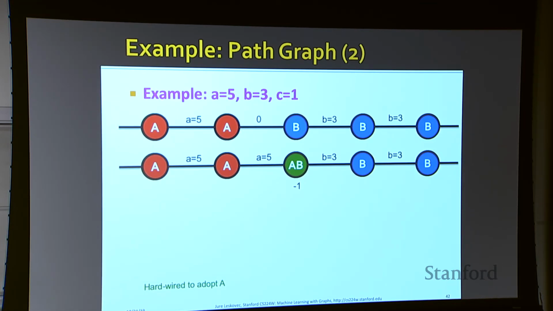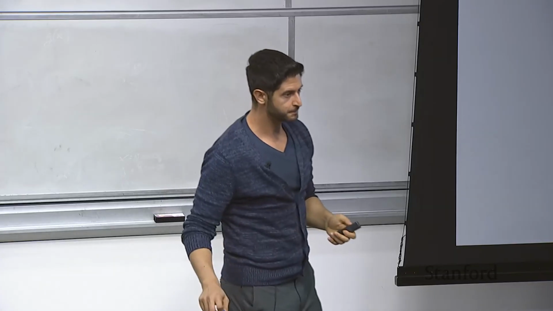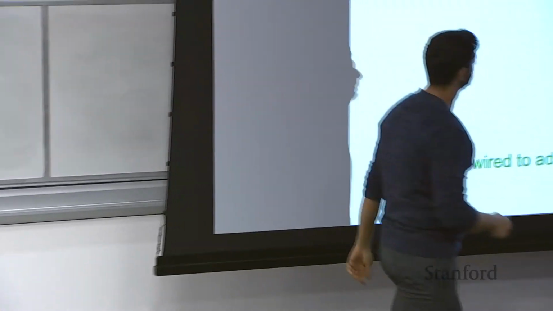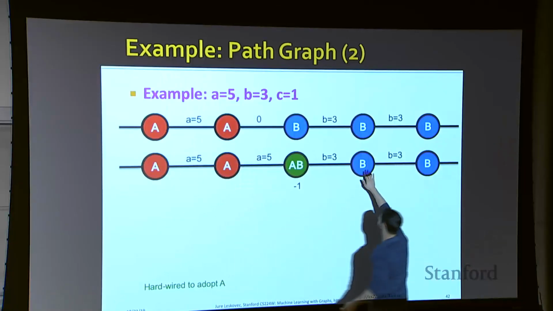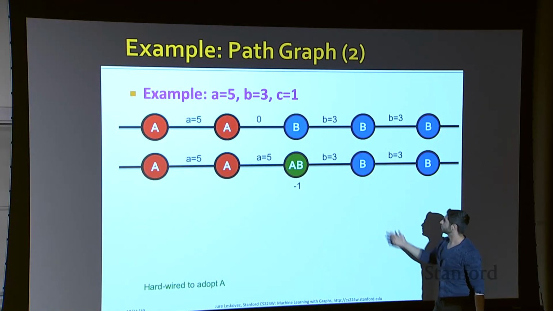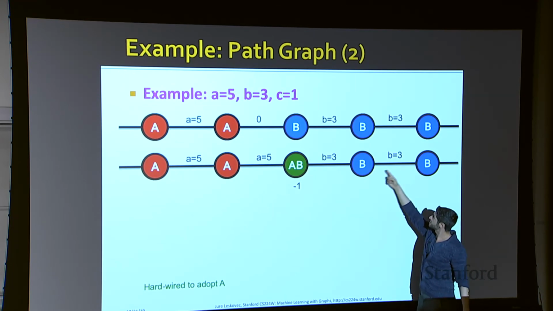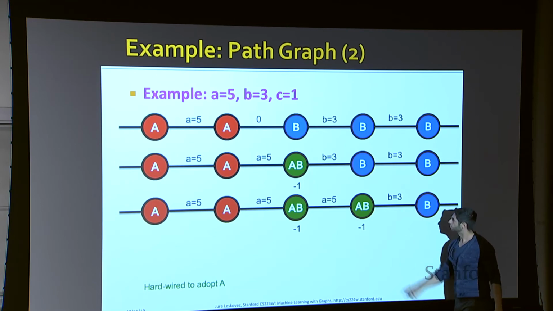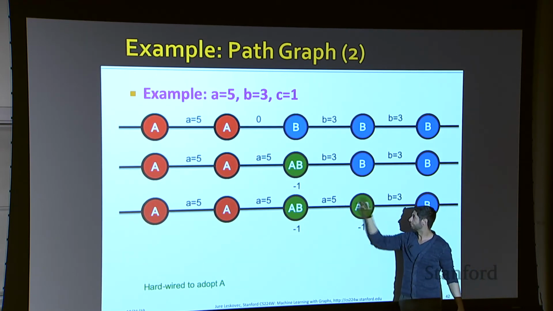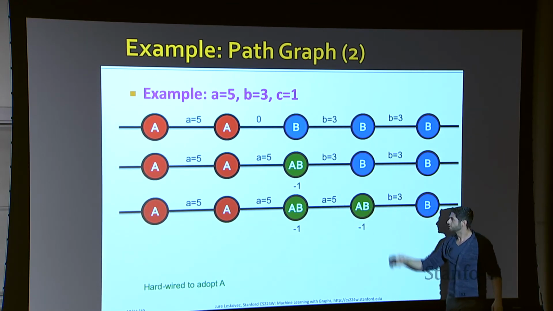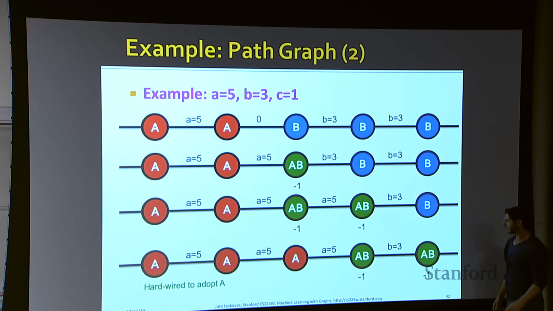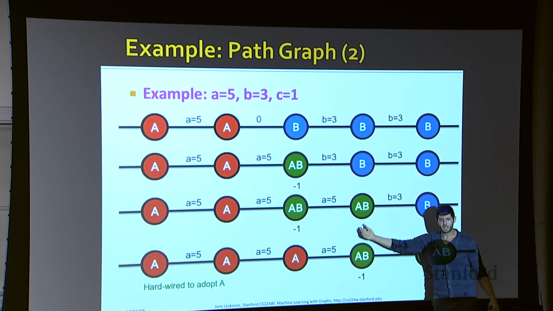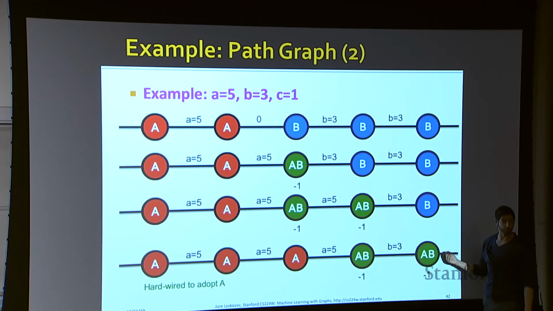Want to give it a try? Yeah, the one that we were debating about earlier is not a tie anymore. Exactly. So the second to the right is going to switch to AB. Exactly. So now this node is switching to B, right? Because currently it has 6 in total as a payoff. But switching to B all of a sudden brings us to 7, right? We have 5 plus 3 minus 1, so we got AB. And now this allows the cascade to spread, okay?